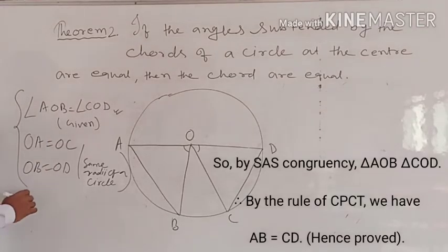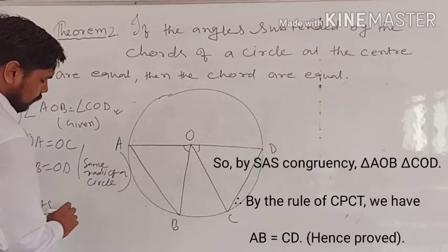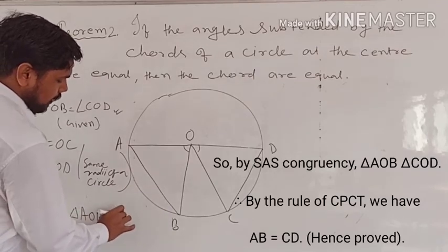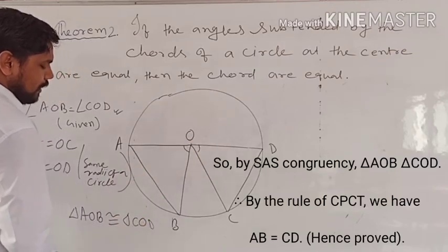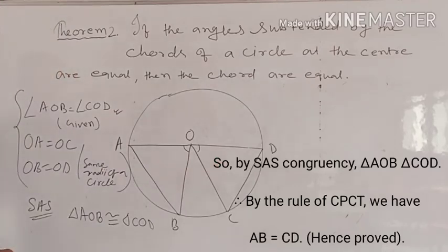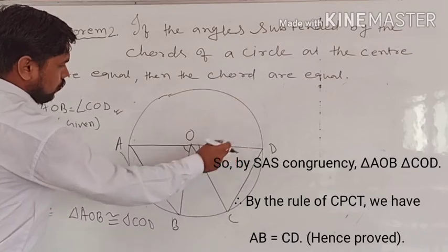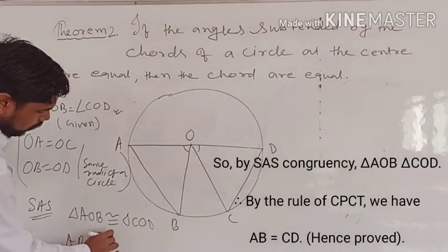So by the side angle side criterion, you can say the triangle AOB is congruent to the triangle COD. And if these two triangles are congruent, then you can say that AB will be equal to CD.